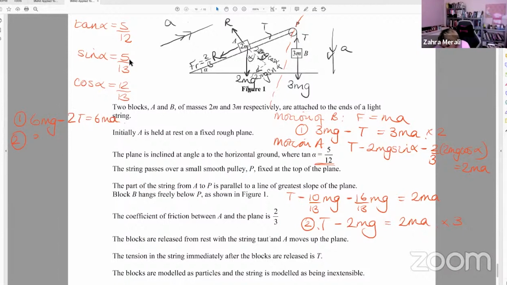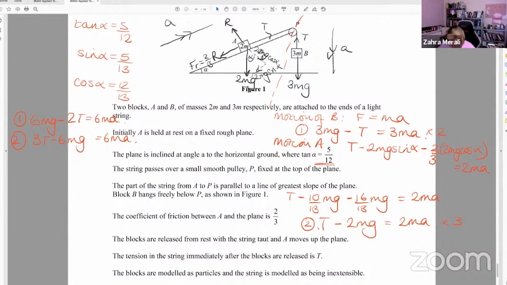wait, where have I gone wrong? Yeah, 3T minus 6mg equals 6ma. When I take them away from each other, I have made a mistake somewhere. So I've got 3mg minus T equals 3ma.